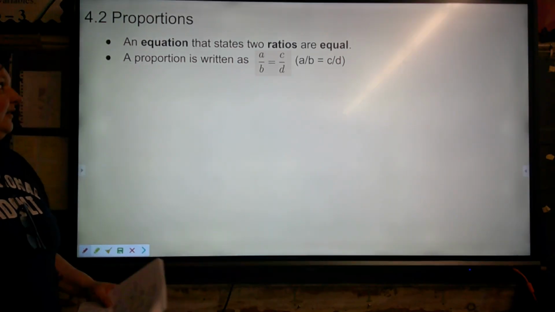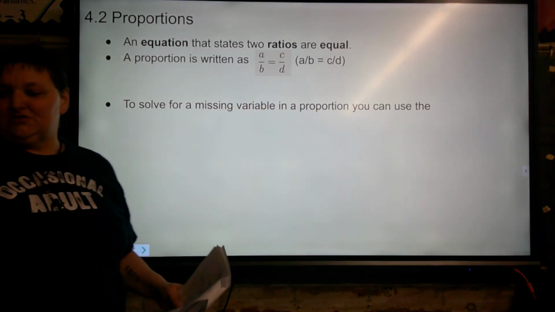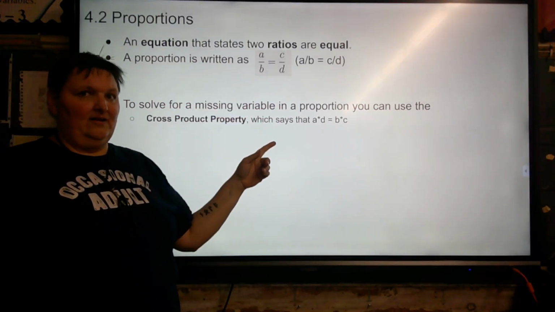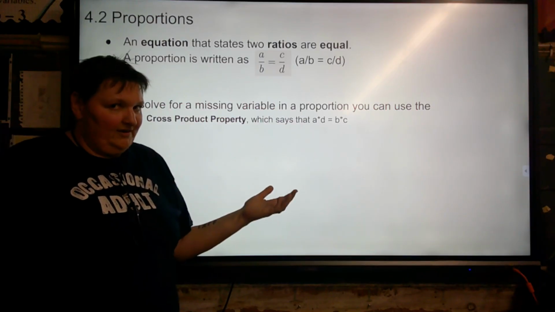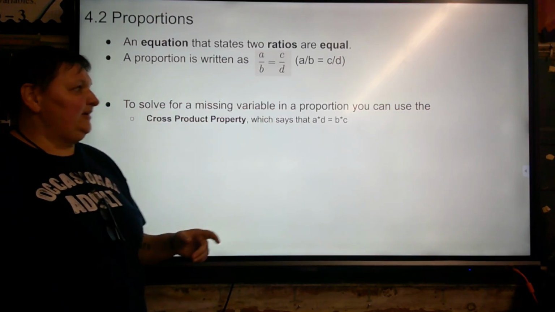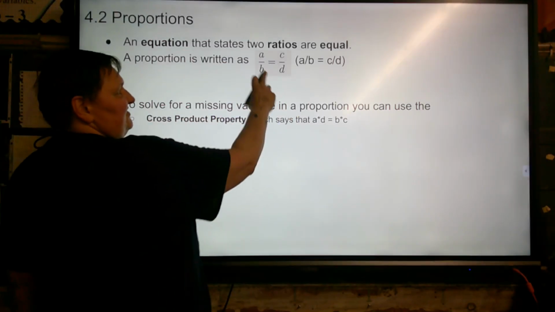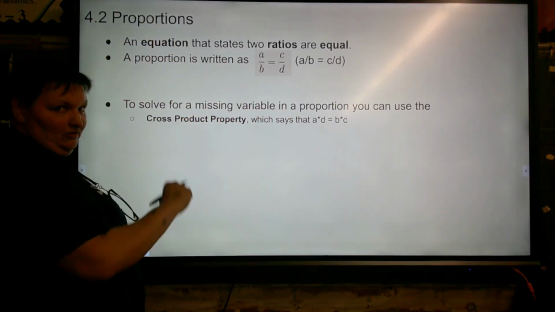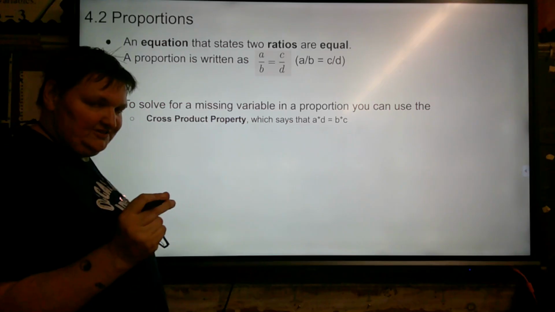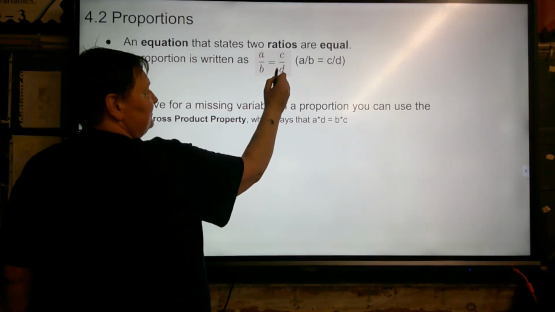All right? To solve for a missing variable in a proportion, you can use what's called the cross product property. Some people call it the butterfly method, or multiplying diagonally. I'll show you what I mean. The cross product property says that if two ratios or two fractions are proportional, then you can multiply across.